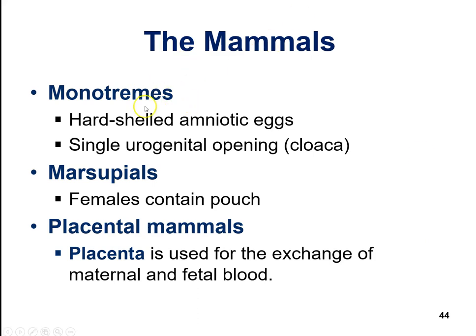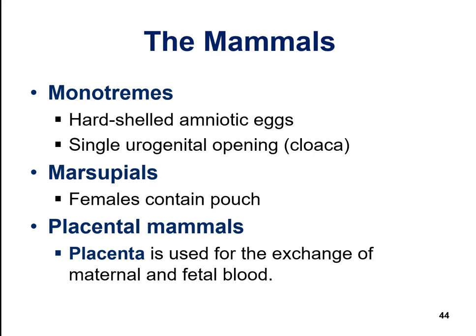If we talk about monotremes, again, they're mammals that lay eggs, amniotic eggs. Marsupials: some development happens inside, but the very young, underdeveloped fetus has to be maintained in the pouch, so the entire developmental process does not happen internally.